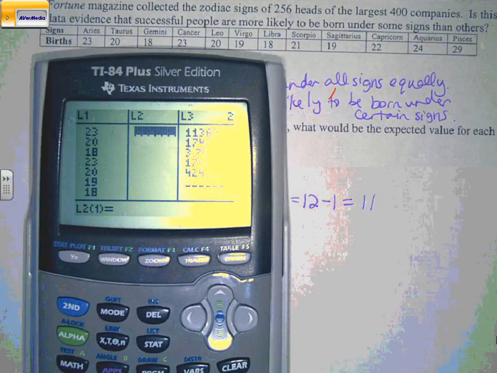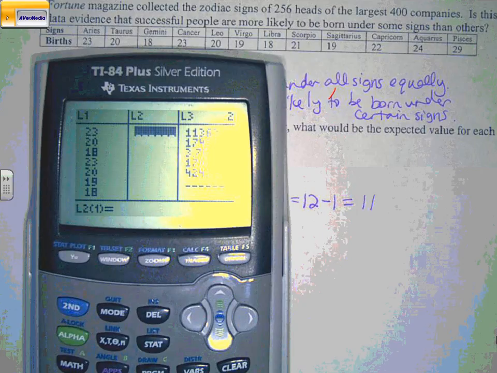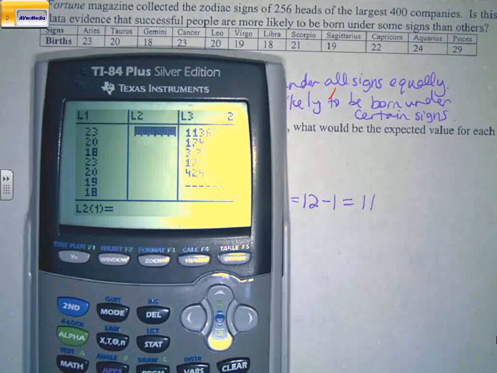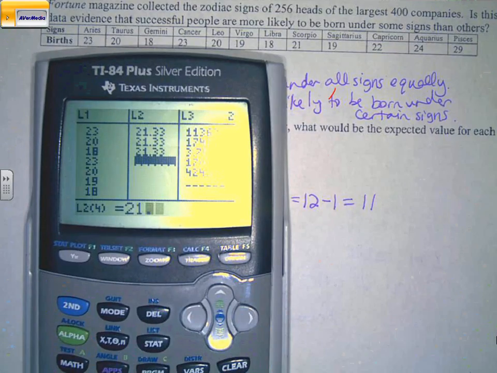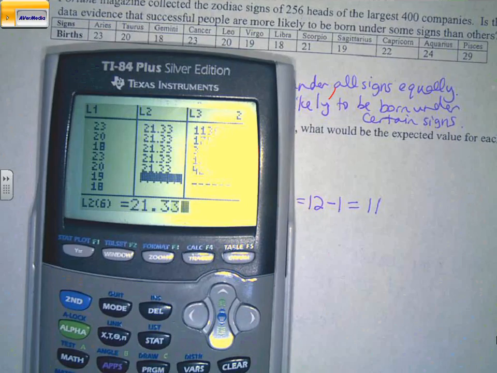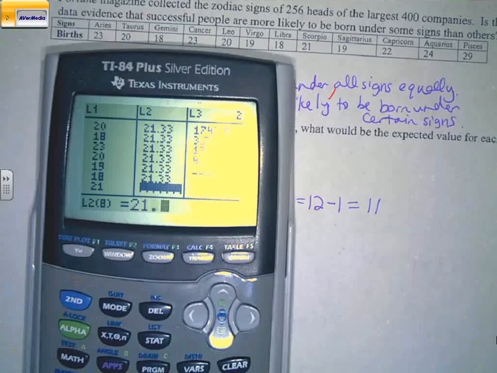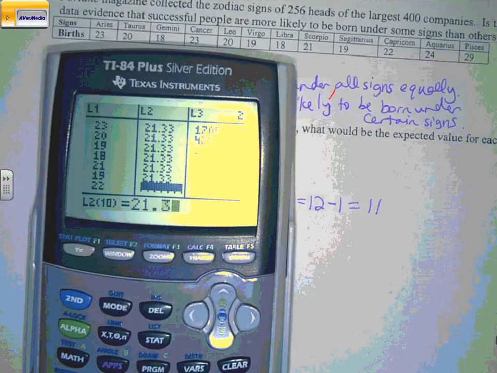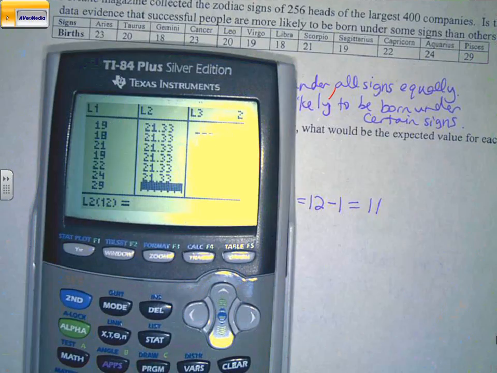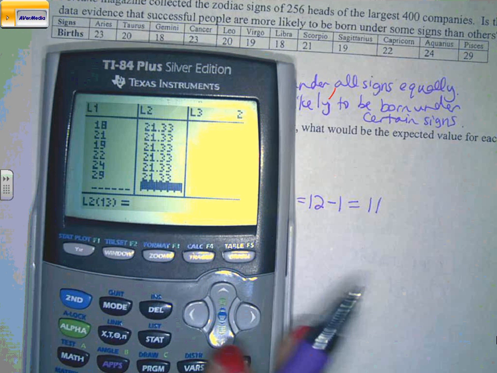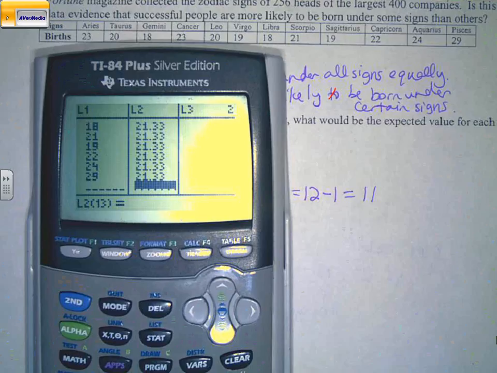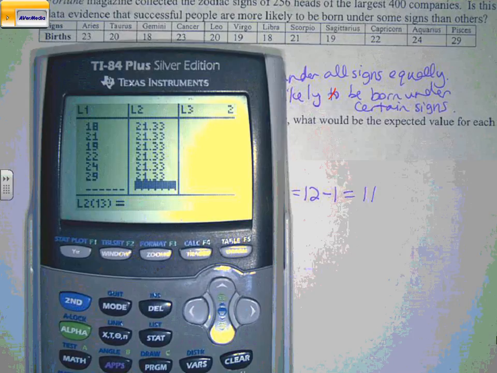So we expect each category to be exactly the same. And what number is that? Our 21.33. They're all the same on this one. See, much easier this time.